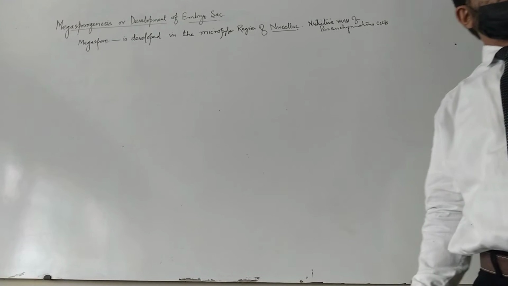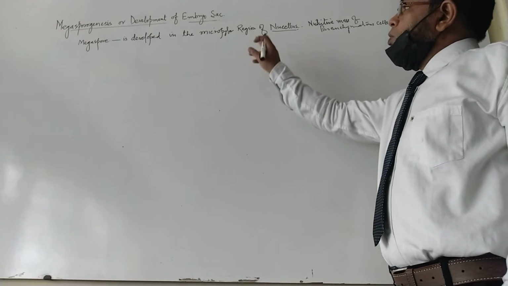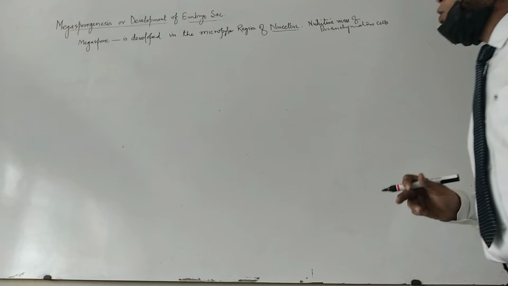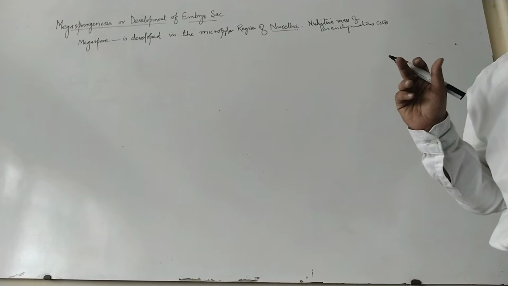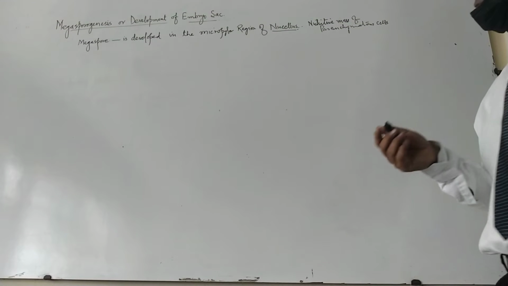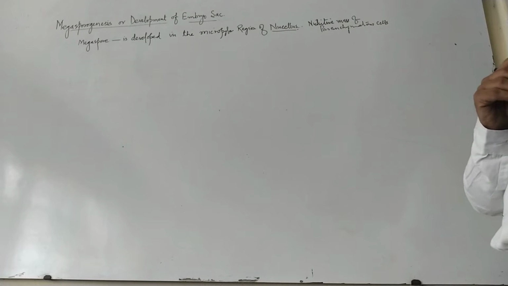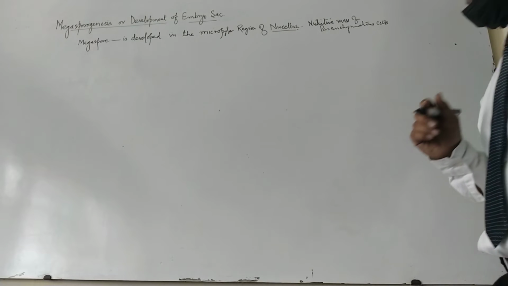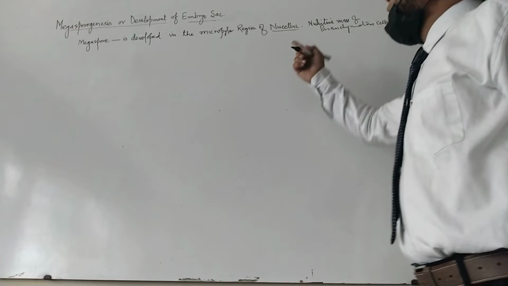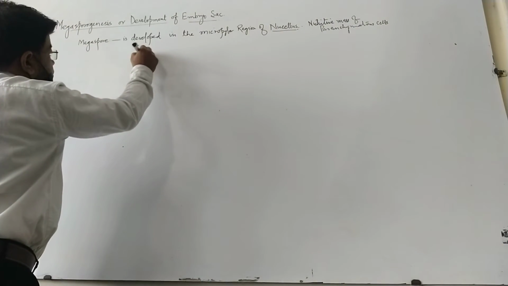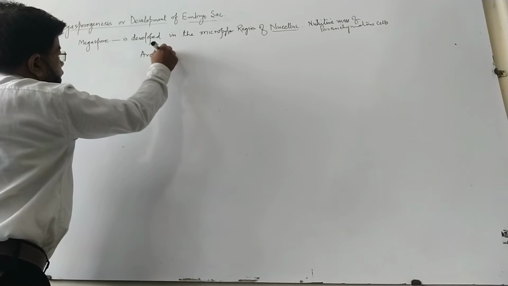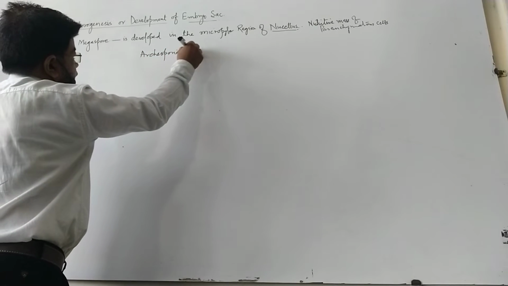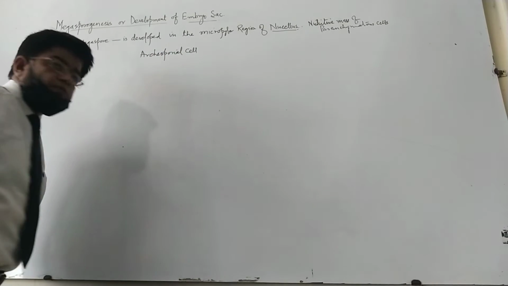So in this micropylar region of nucellus, a megaspore mother cell is developed. What happens is that in this region an archesporial cell is formed.